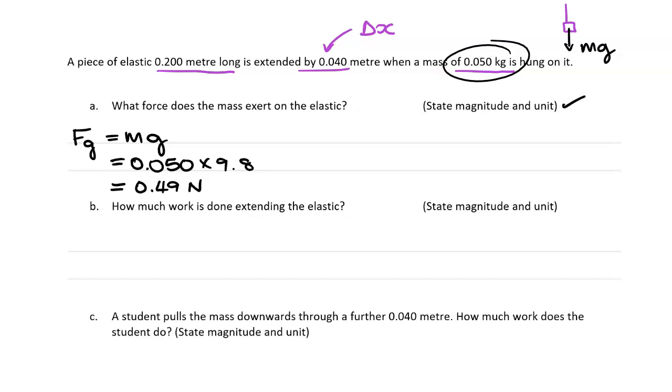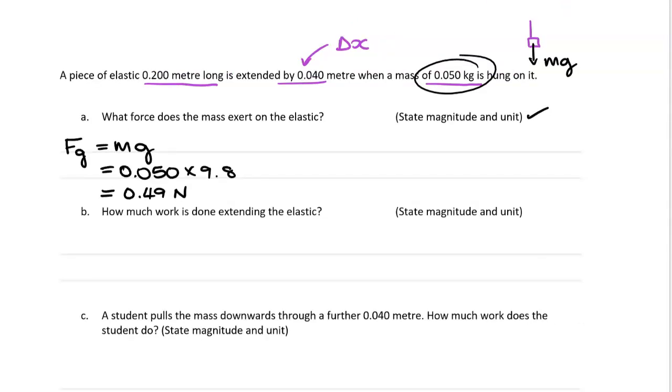How much work is done in extending the elastic? In this example, the work done is causing a change in the spring potential energy. So work is going to increase the spring potential energy, which equals a half k delta x, all squared. Problem is we don't currently have k, but we can use the force at this particular extension to be able to determine that.